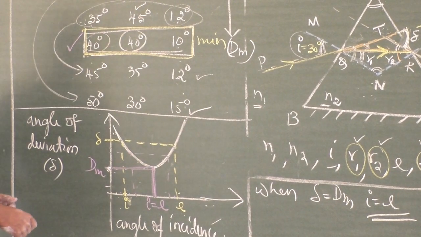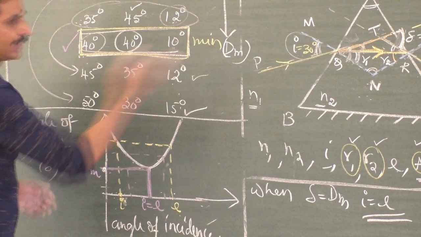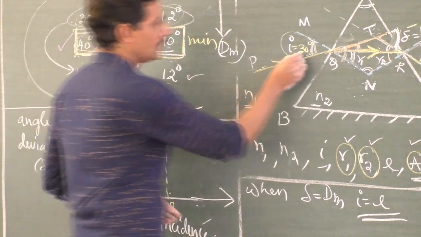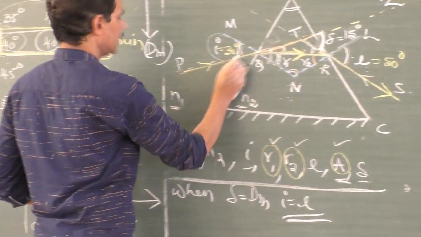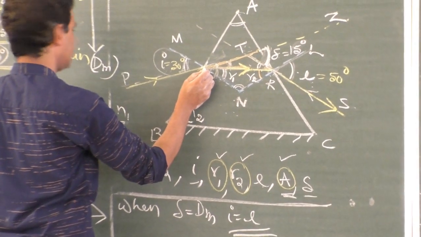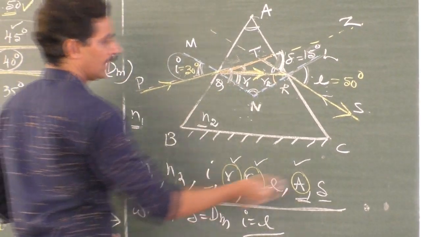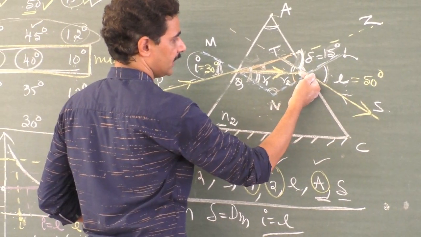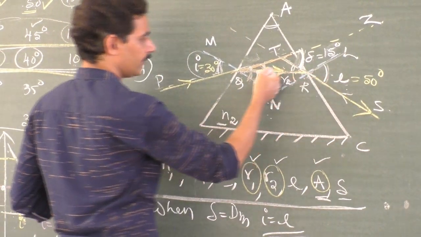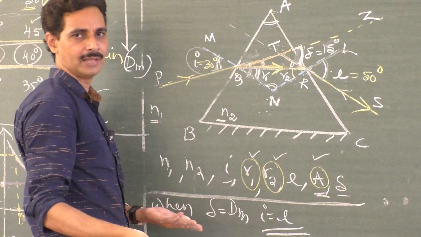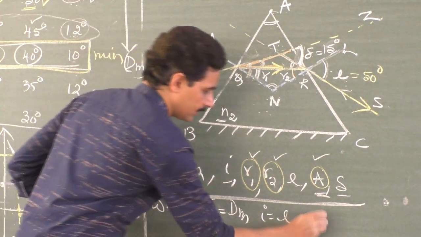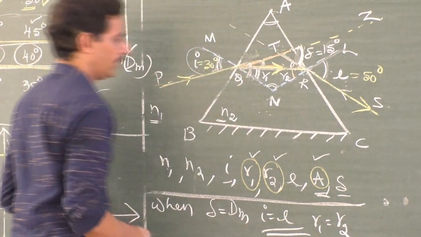And remember, if you go back to the diagram, if these two are the same, if a ray of light is put at 40 degrees here, what angle of refraction do you get here? Should be the same. They cannot be different. That means R1 must be equal to R2. Have you followed?